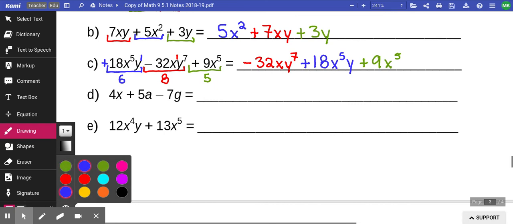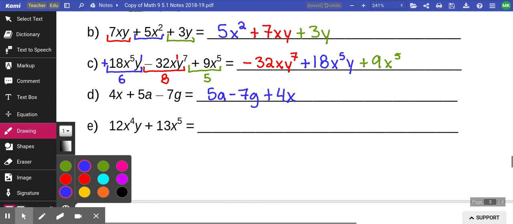So for me, I would go 5a minus 7g plus 4x. We just go alphabetical. Honestly, you're not going to get a standard form question like that. But just in case you ever see me write an answer out and you're like, why did you reorder it? I usually go alphabetical.